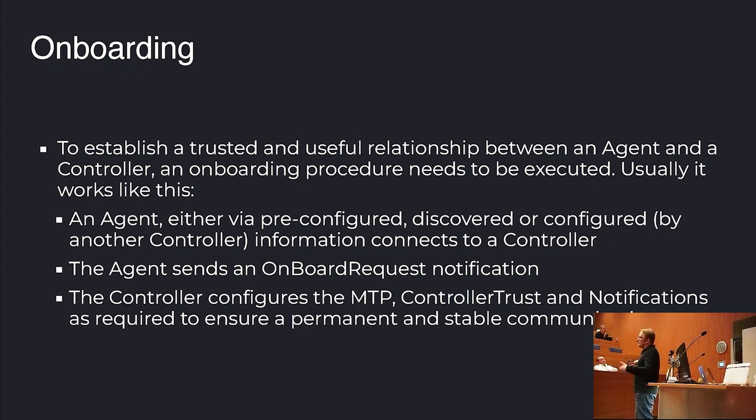I would like to receive some information about how I can communicate with you in the future. So what it does is it sends an onboard request to the controller, and that allows the controller to see, there's a new device or a device that doesn't have any configuration. I need to do something with the device. I need to add some configuration so that the communication can work also in the future. And that's what is called onboarding.